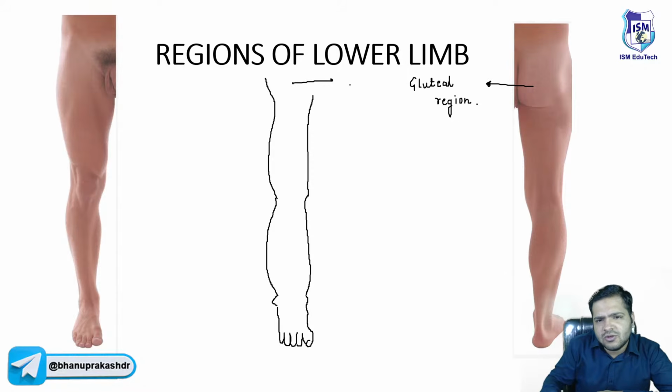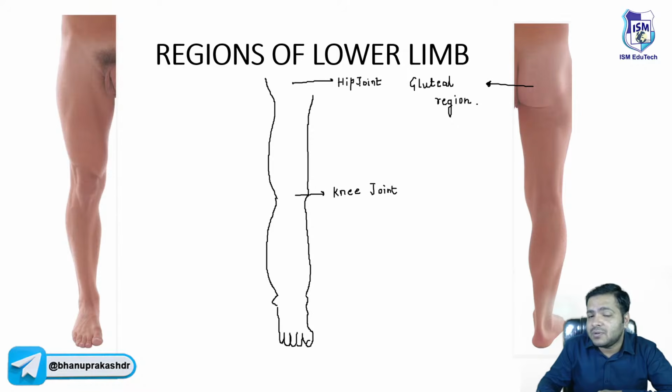I will show you the hip joint also, but I'm not focusing on the joint right now. Just remember, over here we have the knee joint. The hip joint is formed by which bones? It is the femur and the acetabulum of the hip bone.